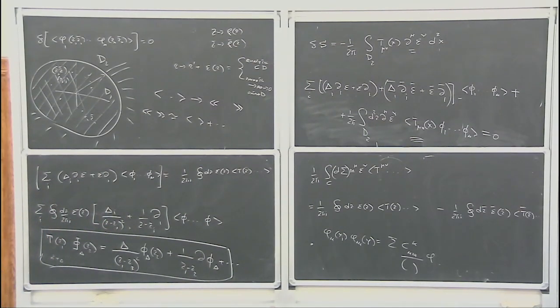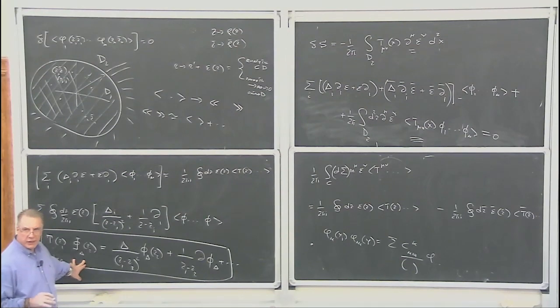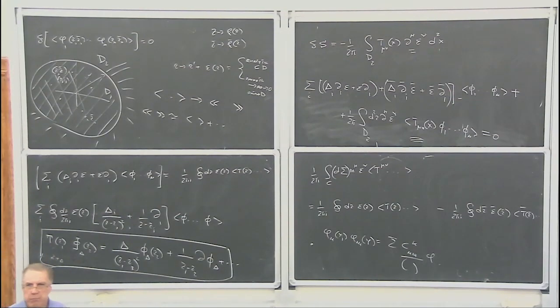Okay? Clear? Is this just for primary fields? Yeah, it's a primary field. And are the expectation values dropped? No, yeah. Thanks, because remember, any operator expression I'm going to write is meant to be in a correlation function. So it's an abuse of language. I should have made it in a correlation function.